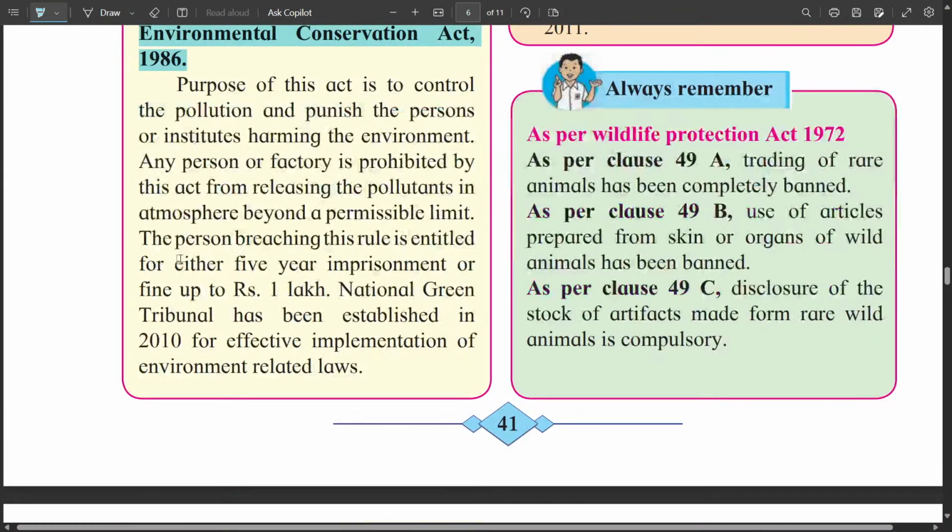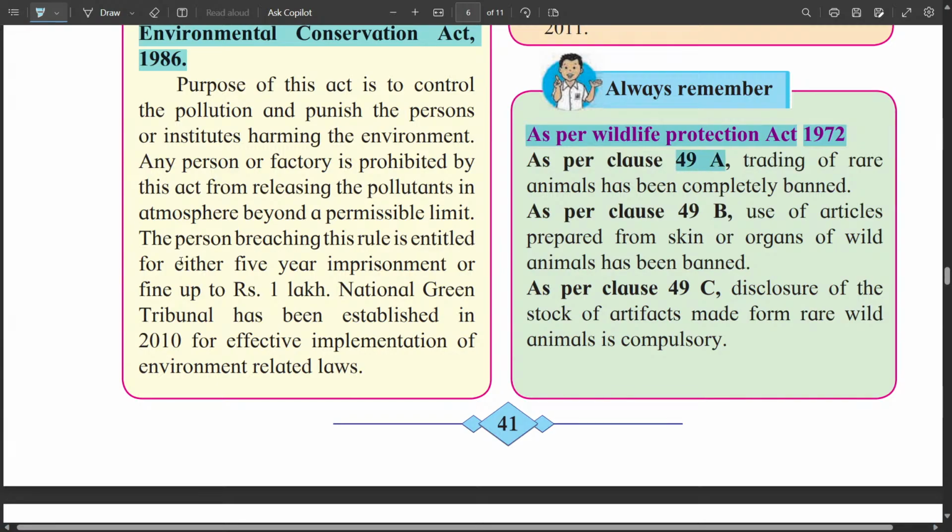As per the Wildlife Protection Act 1972, as per its clause 49A, trading of rare animals has been completely banned. As per clause 49B, use of articles prepared from skin or organs of wild animals has been banned, and as per 49C, disclosure of the stock of artifacts made from rare wild animals is compulsory.